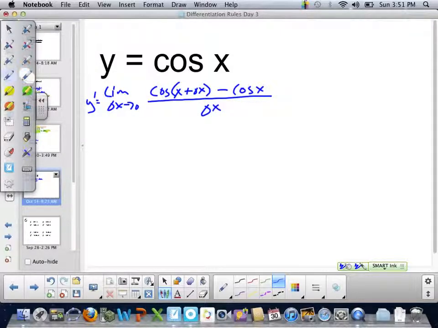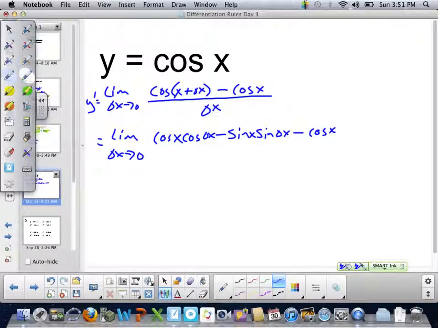Again, going back to pre-calc, applying the sum and difference formula to our cosine, we can expand this to the cosine of x times the cosine of delta x, minus the sine of x times the sine of delta x, minus the cosine of x, all over delta x.